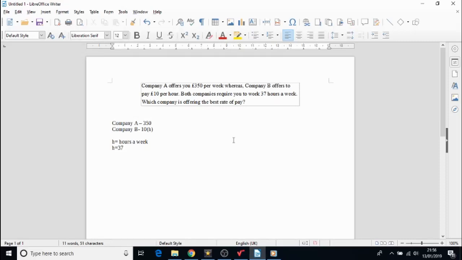With this information, we can now solve how much Company B will be paying weekly. Company B is equal to 10H. We know that H is equal to 37.